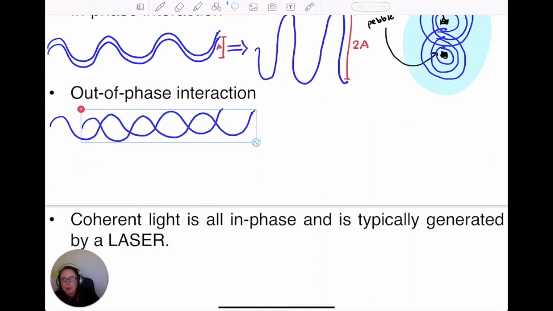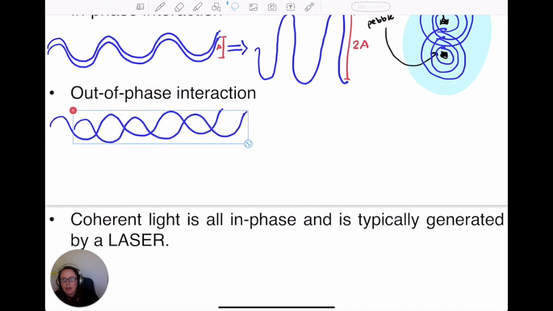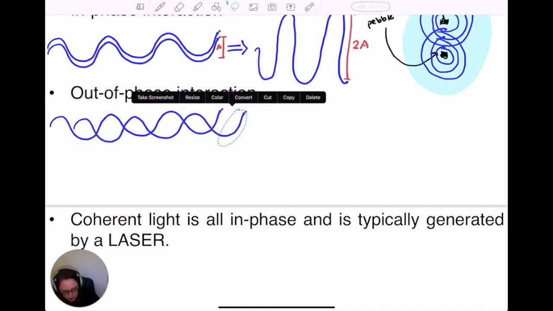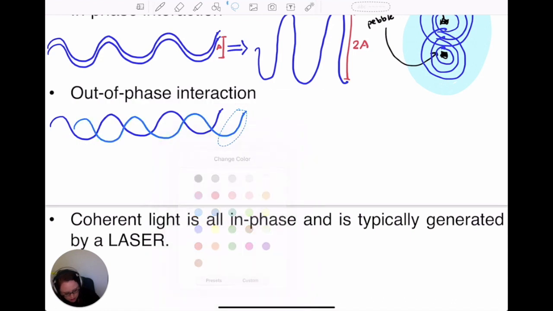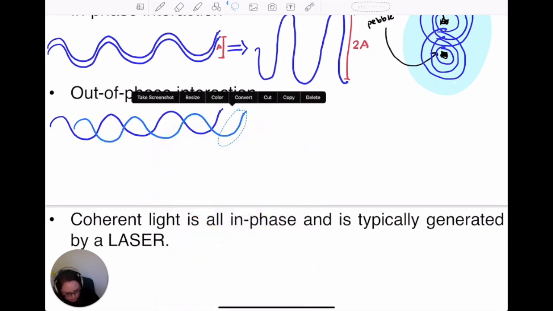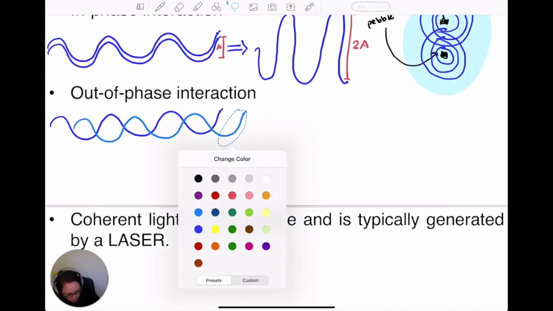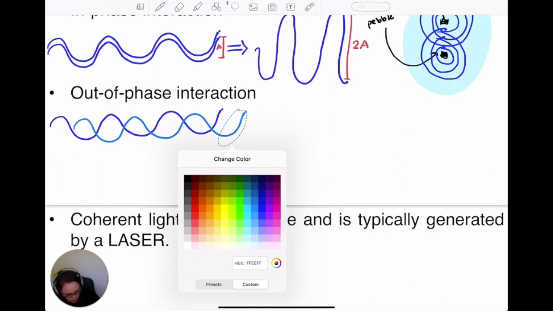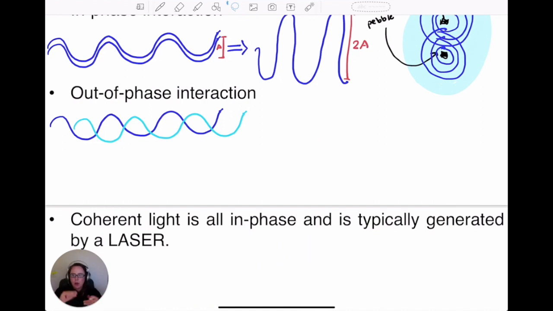I'm going to recolor the second wave just so that you can see the difference a bit better. Now we have our two waves interacting completely out of phase.